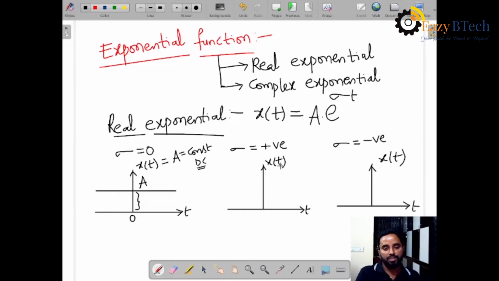We get exponentially increasing. The signal increases exponentially.